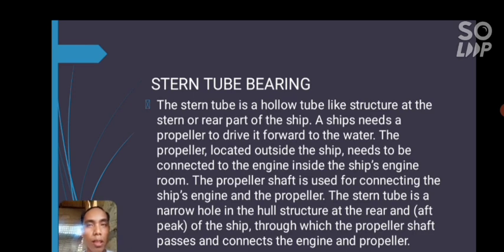So the stern tube bearing looks like a hollow tube structure at the stern or rear part of the ship. As I've said earlier, the propeller is connected through a shaft, and there is a stern tube bearing in it.